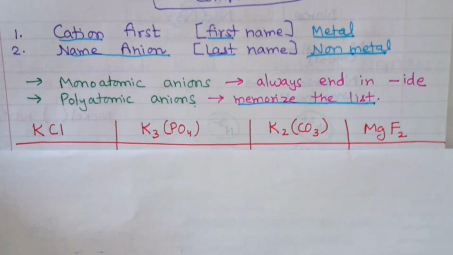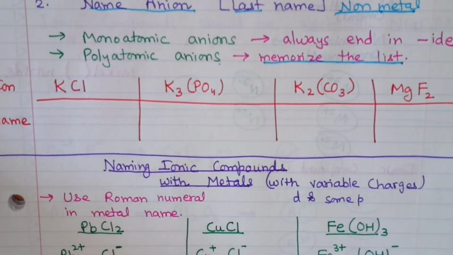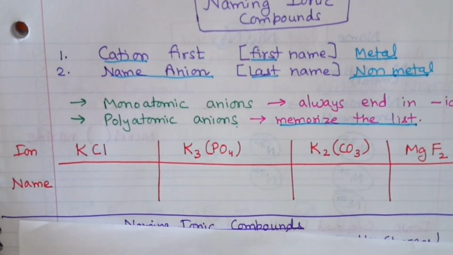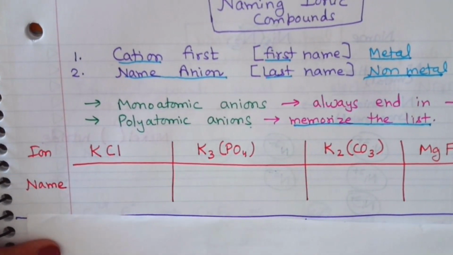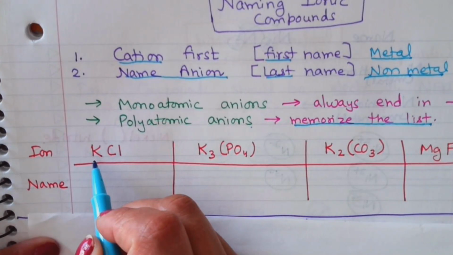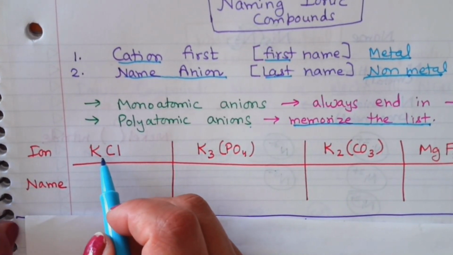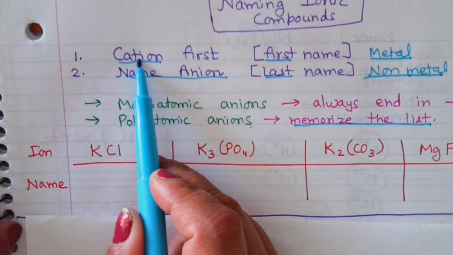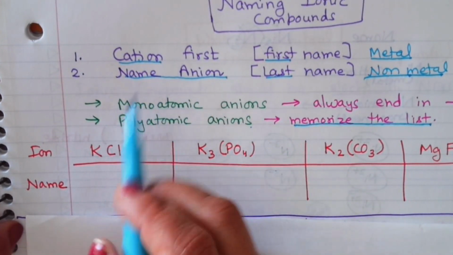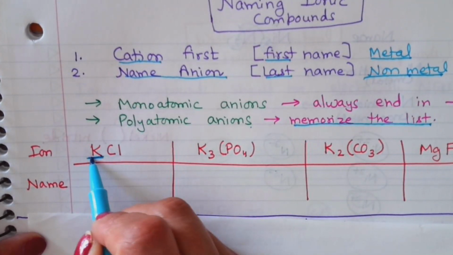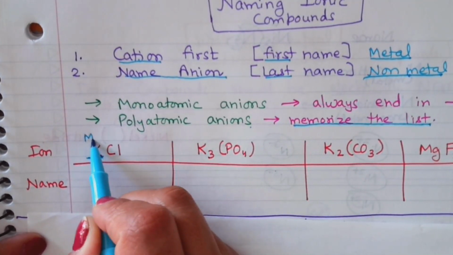Now let's try to name these ionic compounds. First of all, identify the cation and the anion. Remember, the first name is always the name of the cation. So identify the metal.